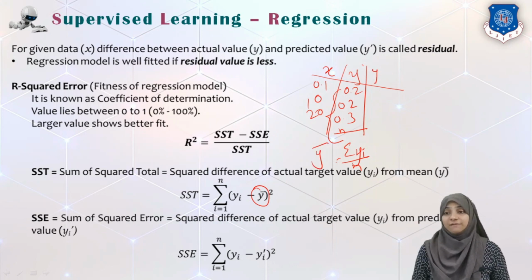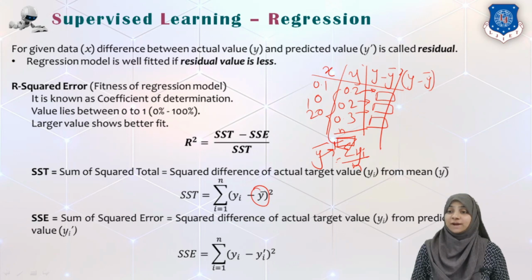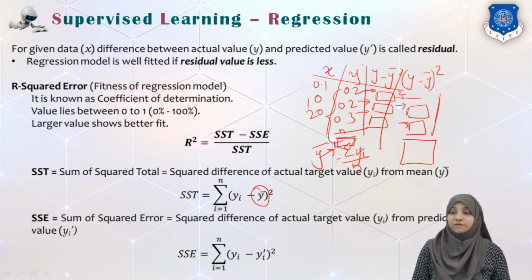Now I will take the difference from y to y bar. This value will be substituted over here, and later I will calculate the square of this term, that is y minus y bar whole squared. These terms are squared and written over here. Their summation, the summation of this column, is called the sum of squared total.